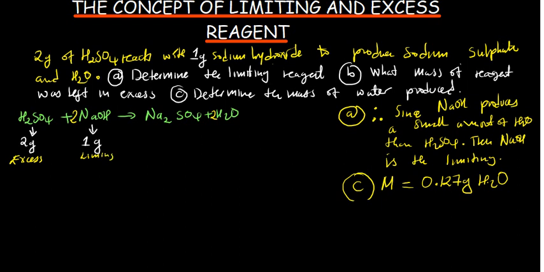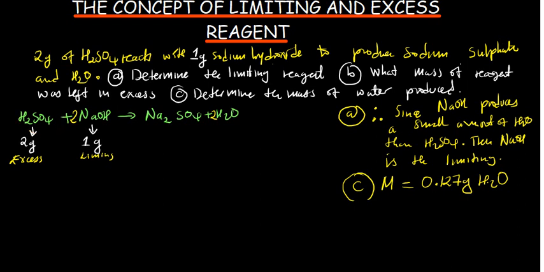Now question B is saying what mass of reagent was left in excess, so the first thing that you need to do is determine how much of sulfuric acid reacted. Because sulfuric acid is the excess reagent, some of it is going to remain. So find out how much of sulfuric acid is going to react.